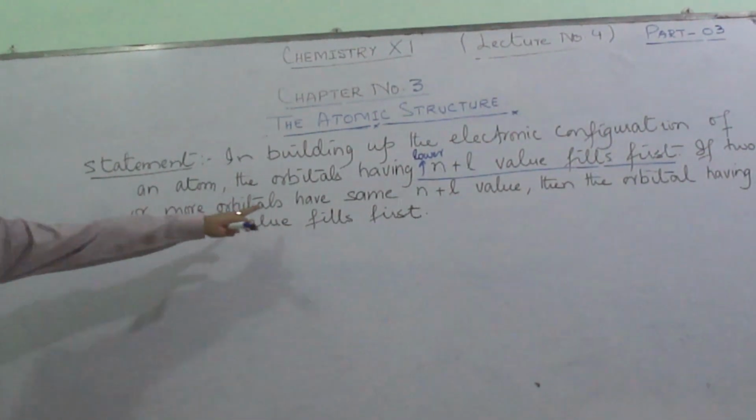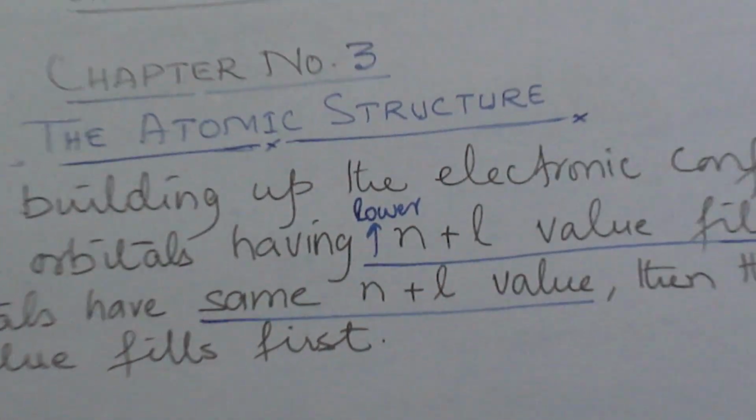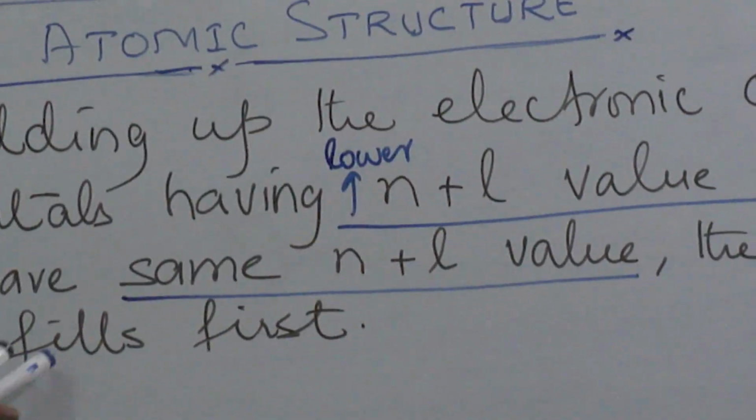If two or more orbitals have the same n plus l value, then the orbital having lower n value fills first.